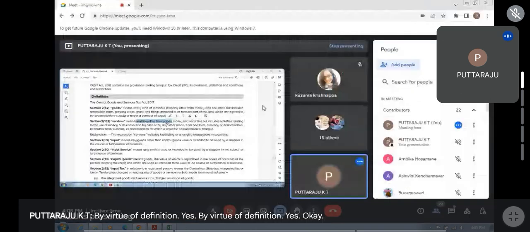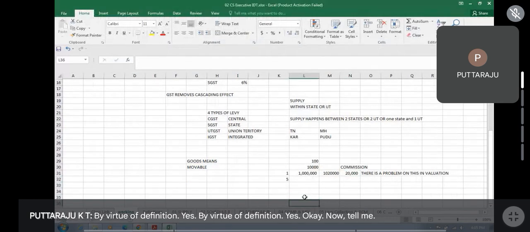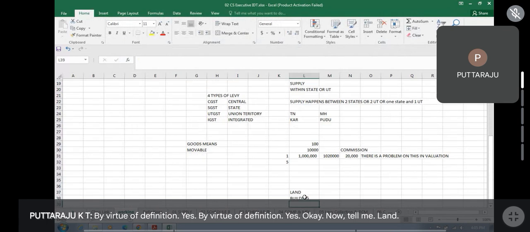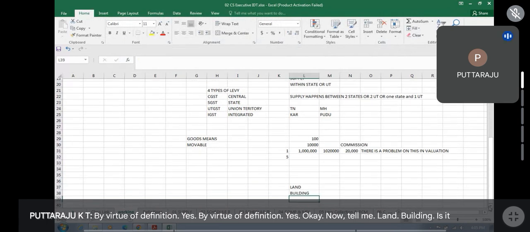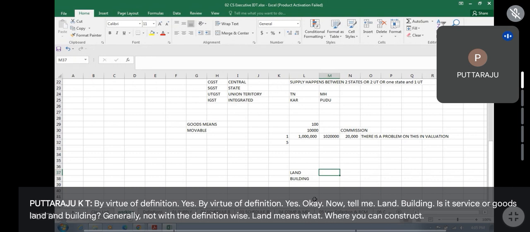Now tell me, land, building. Is it service or goods? Generally, not with the definition wise. Land means where you can construct, grow everything.